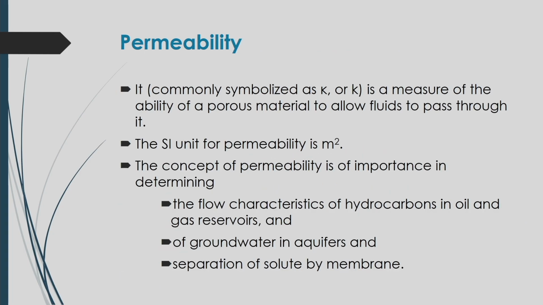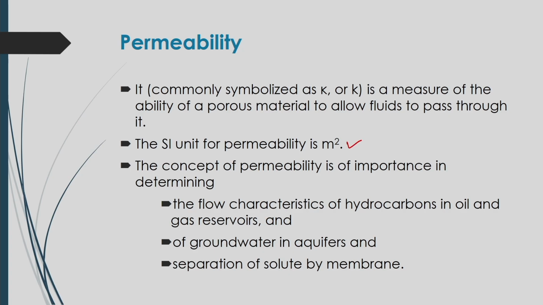Similarly, permeability is one of the important parameters based on which you can assess the process. This is a measure of the ability of a porous material to allow fluids to pass through the material. The SI unit for permeability is meter squared.